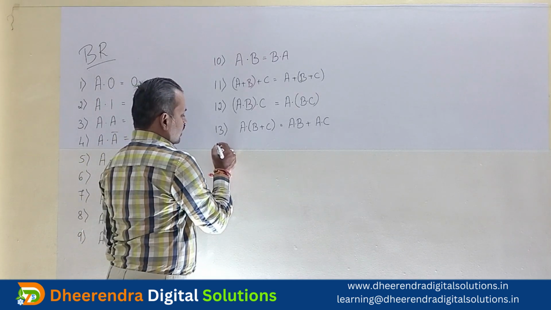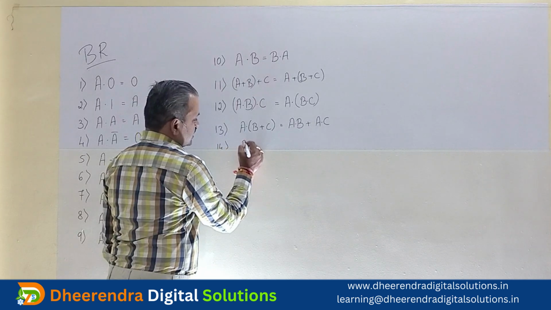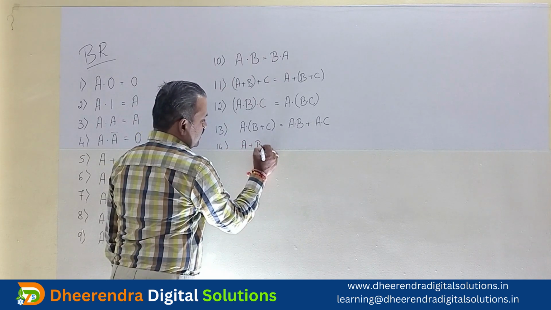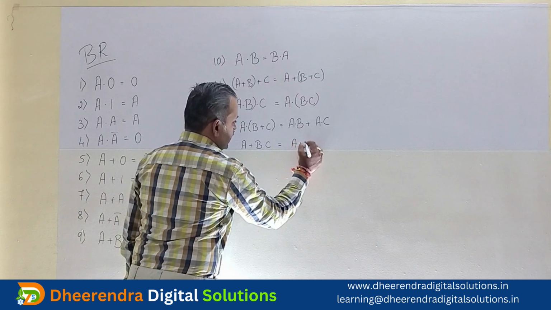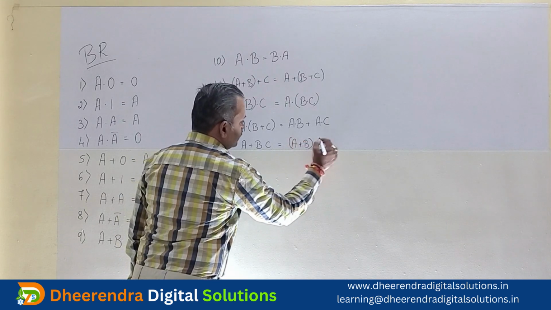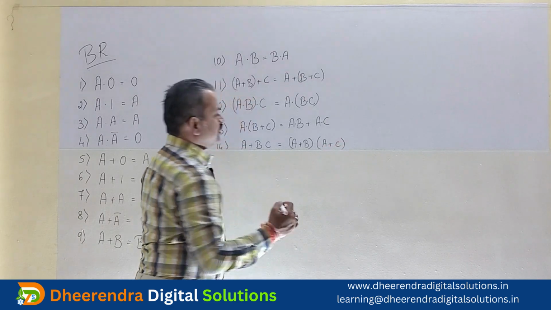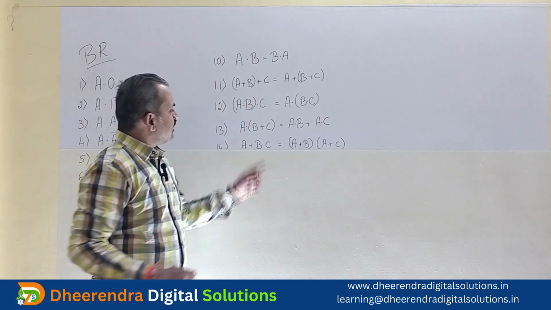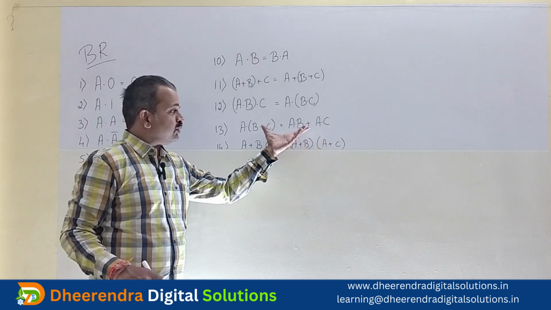Similarly, we have one more distributive property, which is A plus BC is equal to A plus B into A plus C. Now, this property you have seen in multiple cases, so it would be very easy for you to understand.